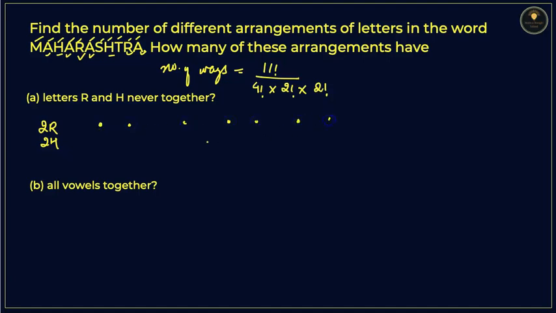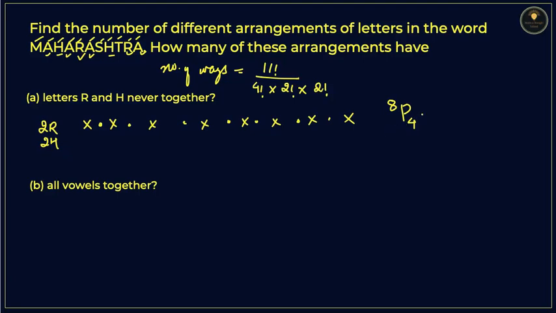Now the places remaining, where we put R and H, will ensure that R and H are never together. So out of 8 places, we have to take 4 places, permutating 4 out of 8 places, which we write as 8P4.